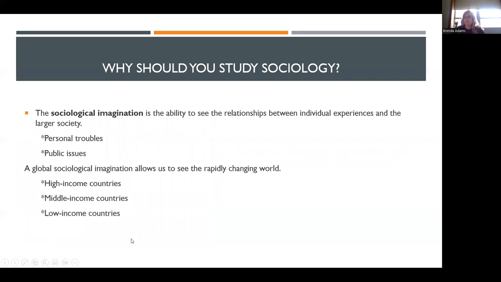So why should you study sociology? The sociological imagination is the ability to see the relationships between individual experiences and the larger society, with personal troubles and public issues. So one of the exercises we did in class is, why do you drink tea? There are many reasons people drink tea. People may drink tea because they like it.